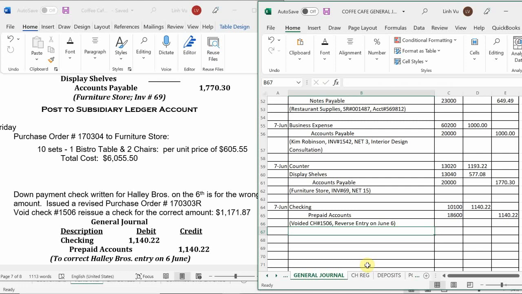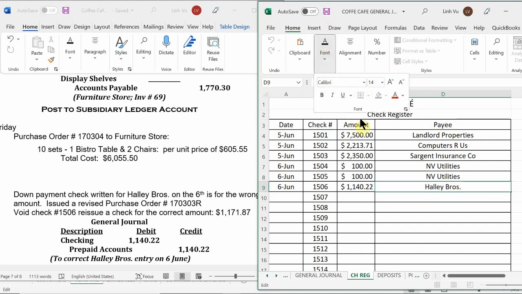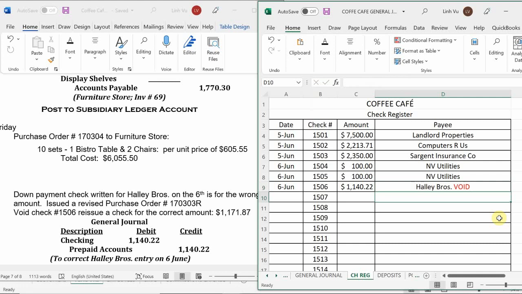So now that I have to reverse everything, I need to go to my check register because that check is now voided. Any way you want to do it, whether you black it out or put a big red sign, I can make this red and place it here saying this is voided.